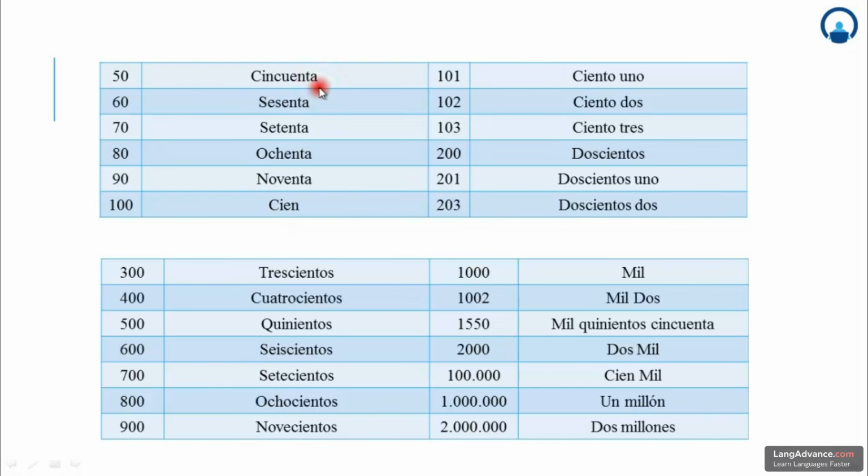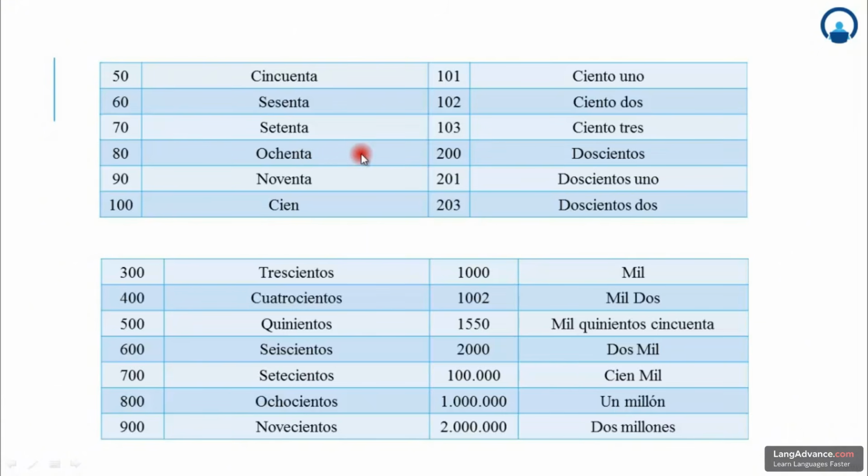And the in-between numbers, just as said before, follow the same pattern seen in 31 to 40. So if we want to write 72, we'll write setenta y dos. If we want to write 86, we'll write ochenta y seis.